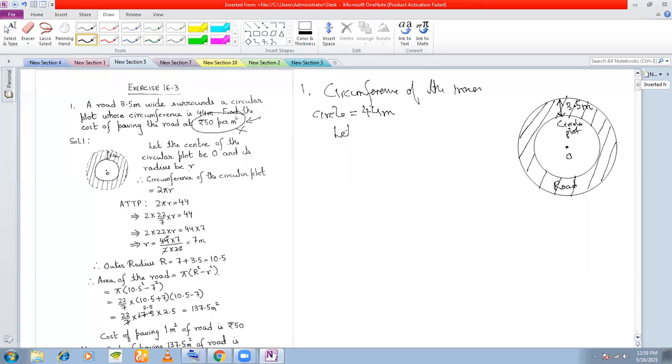Suppose this is your inner radius. Let the inner and outer radii be r and capital R respectively.